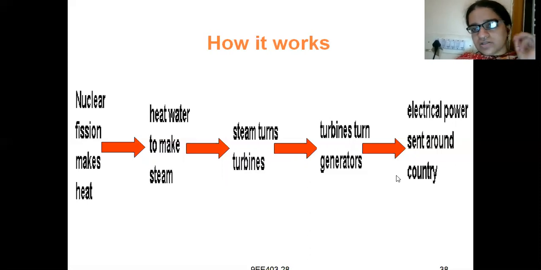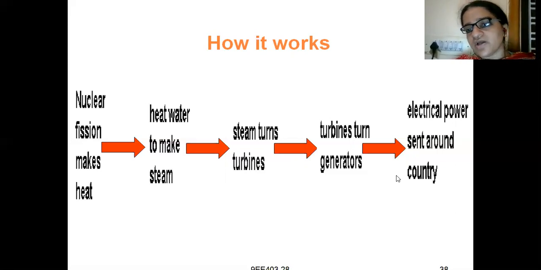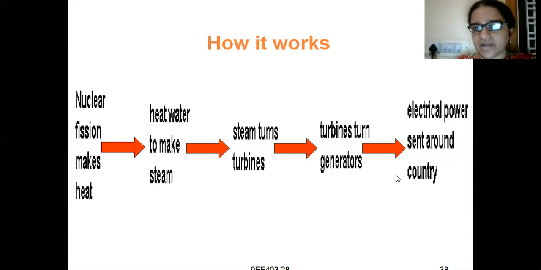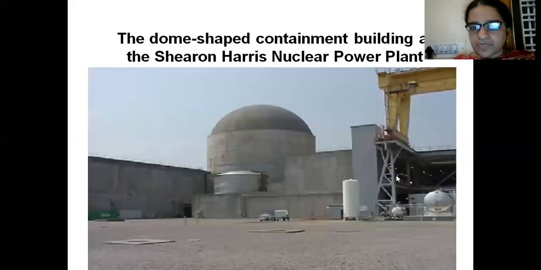Whenever this hot coolant is passed through the heat exchanger, it will turn the water in the heat exchanger to steam, and the steam will run the turbines. The turbines will run the generators, and these electrical generators supply the electrical power sent around the country.